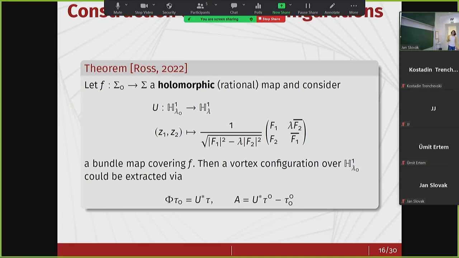Now what we want to do is lift this map from the Riemann surfaces to the bundles. This U map is just a lifting of this map from the base manifolds to the full U1 principal bundles.